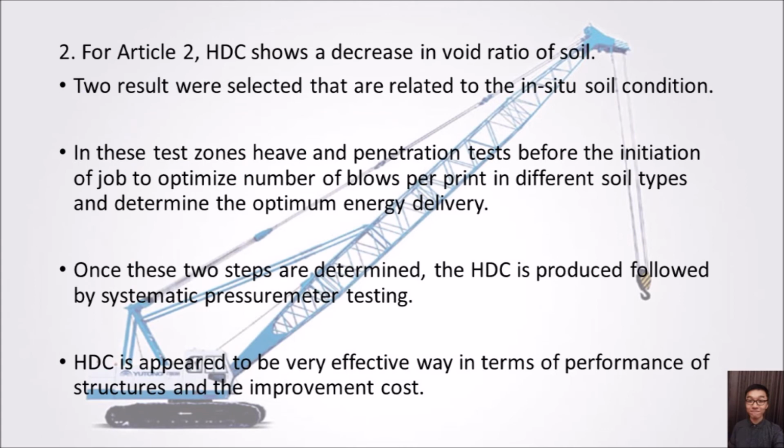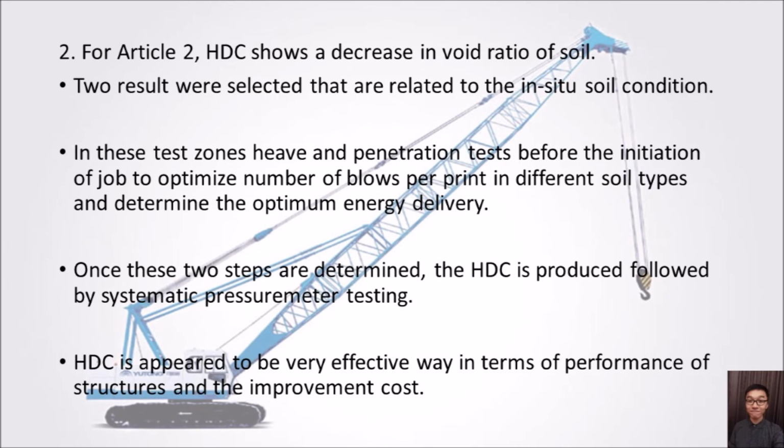For Article 2, HDC shows a decrease in void ratio of soil. 2 test results were selected and are related to in situ soil condition. In these test zones, heave and penetration tests were done before the initial job to optimize the number of blows per pin in different soil types and determine the optimal energy delivered.